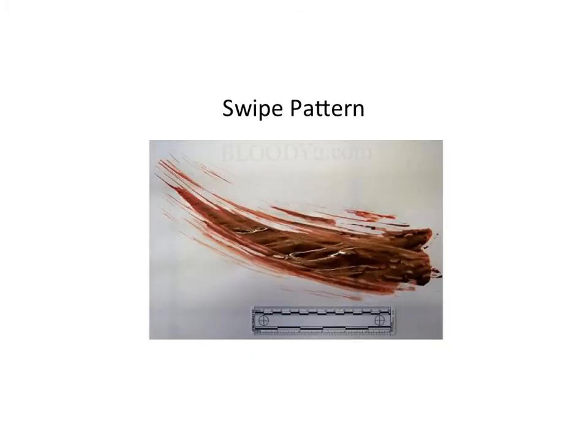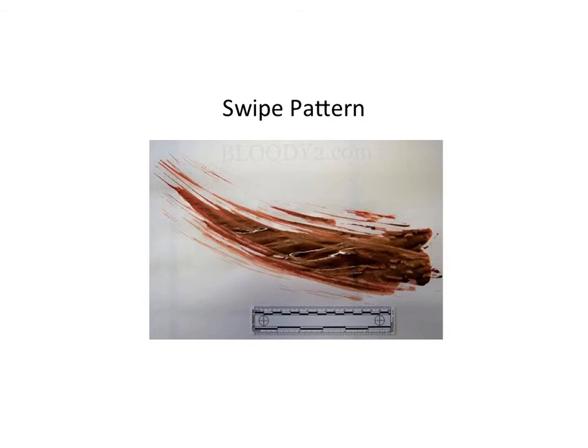This is called a swipe pattern. So what do you suppose a swipe is? Some of these are hopefully self-explanatory. So give an example of a swipe. The body's being dragged. Right. That, or even with your hand, if you've seen scenes from movies where the dying person is reaching and grabbing and the blood is getting smeared.